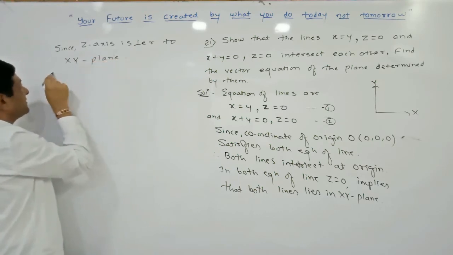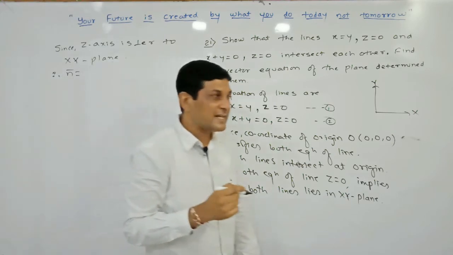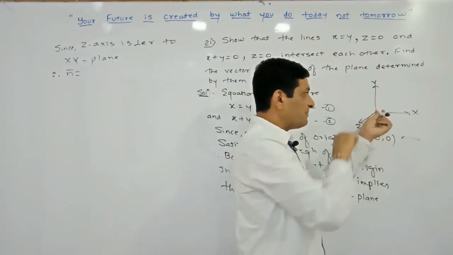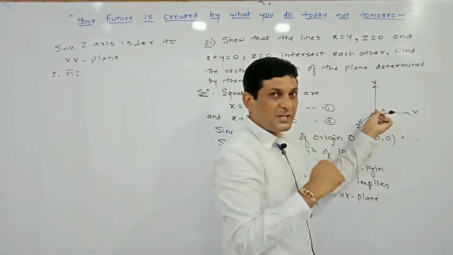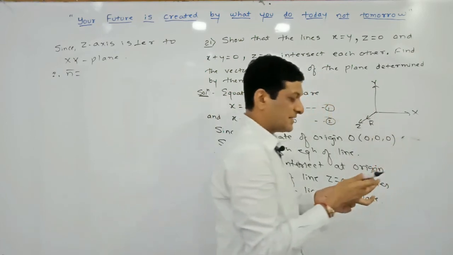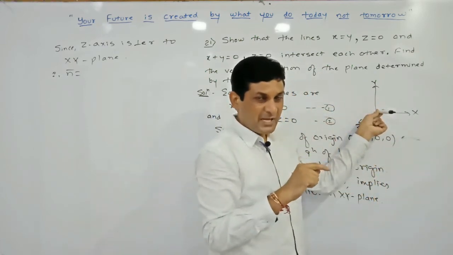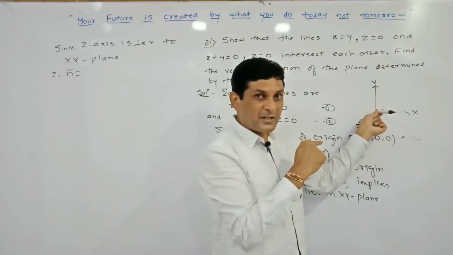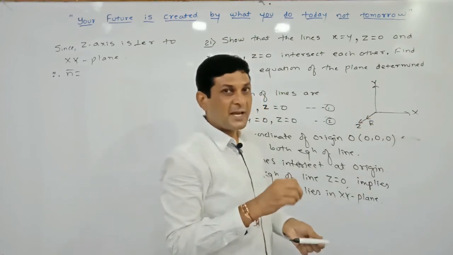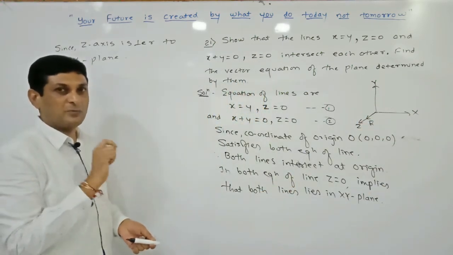Since the z-axis is perpendicular to the XY plane, therefore n bar is equal to, now try to understand, the z-axis is perpendicular to this plane, but which is the unit vector along the z-axis? k cap is the unit vector along the z-axis. If the z-axis is perpendicular to this plane, then k cap is also perpendicular to this plane, so it is a vector along the normal to the plane.